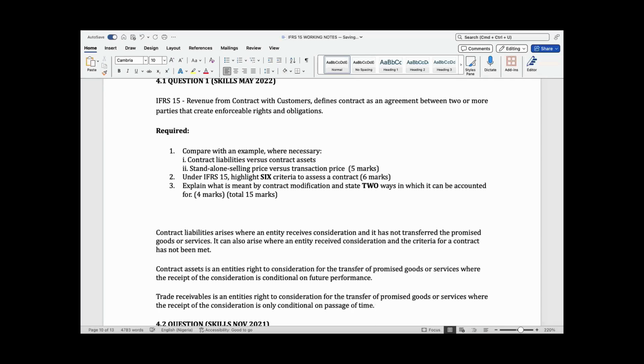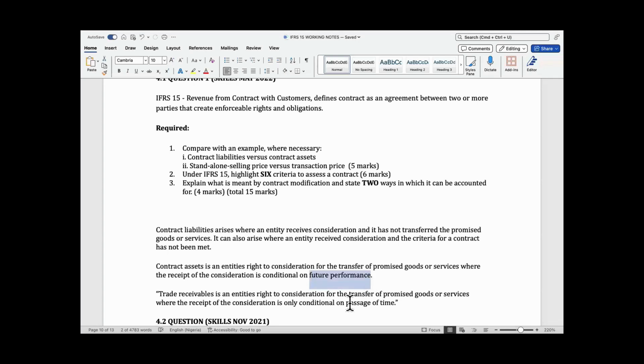So even though this is not required in the question, I'm just giving you to distinguish contract assets from contract liabilities, from trade receivables. So contract assets, you have delivered the goods, yes, you're expecting money, but your money is conditional on some future performance. You are still required to do one or two things.